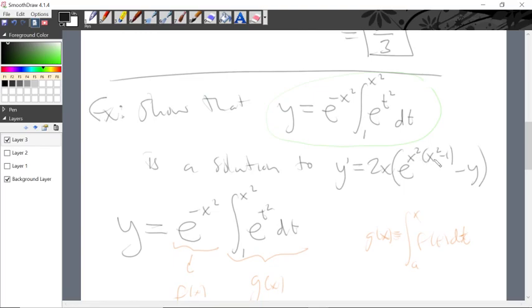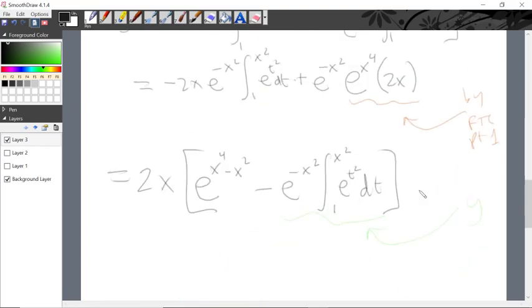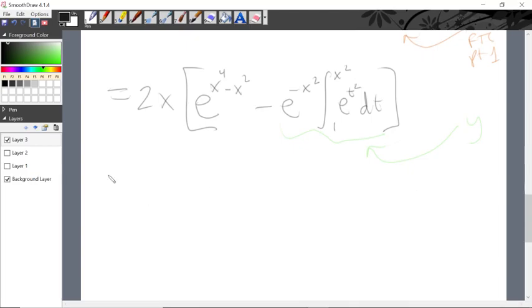Do we have x squared times the quantity x squared minus 1? That would be x to the fourth minus x squared. And that is exactly what we have here. Okay, so we have 2x. We have e to the x squared times x squared minus 1 as the exponent there, minus this whole quantity here is y. And that's what we wanted to show.